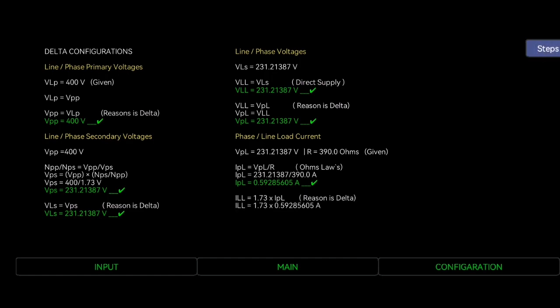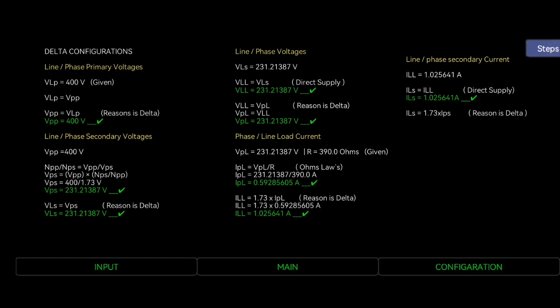And then you're looking for the line load current. This is the one. Then because it's directly supplying from the line load current, the secondary current is the same. And because it's delta, then you have to multiply by 4 to calculate the phase secondary current.